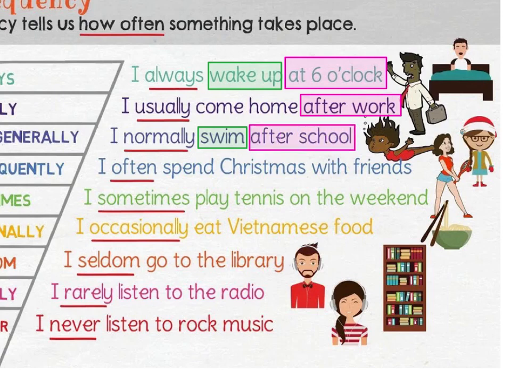I often spend Christmas with friends. Here's a prepositional phrase that we haven't talked about too much. It begins with with. I sometimes play tennis on the weekend. So here our verb is play, and when we have our verb play, we really need to have an object and say play what?